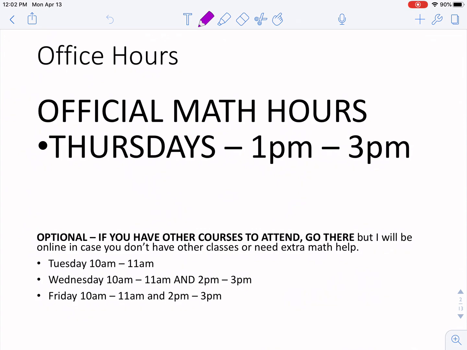So we are supposed to have office hours on Thursdays from 12:30 to 3:30. They said I'm going to go 1 to 3. So these are my official math office hours. However, I'm not going to deny you guys getting on and asking me for help at other points in time, as long as it doesn't conflict with you getting online and asking for help with your other teachers.